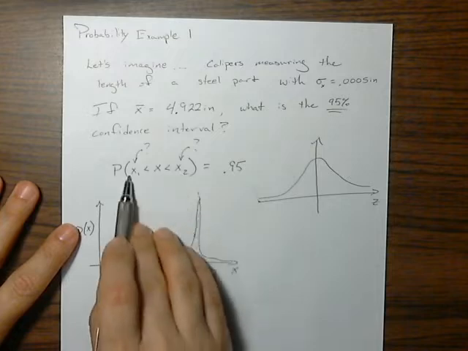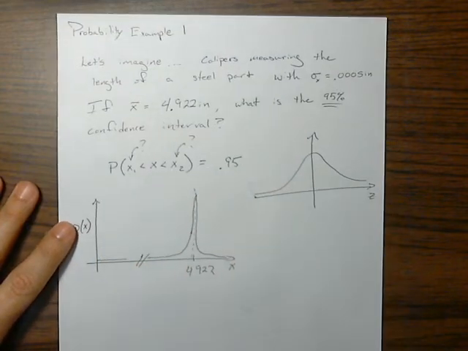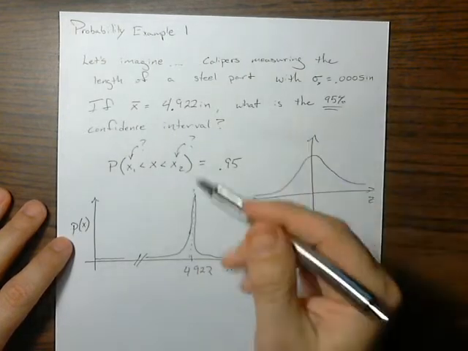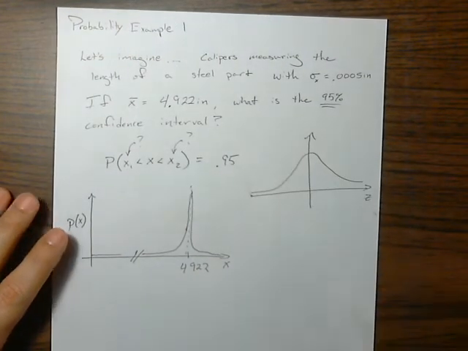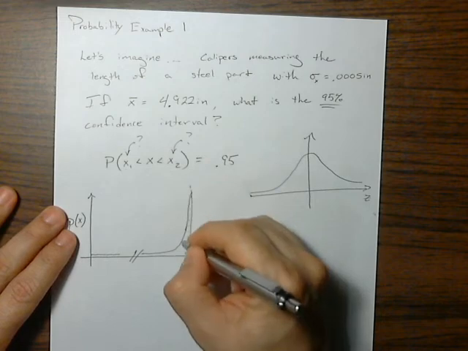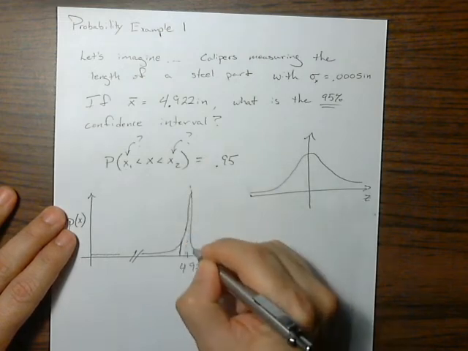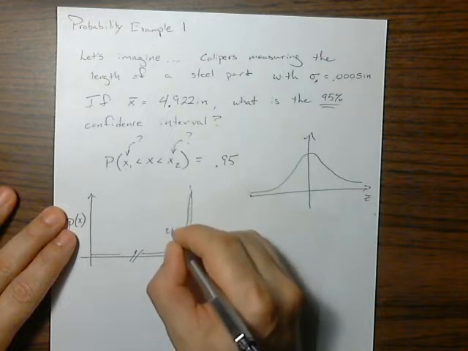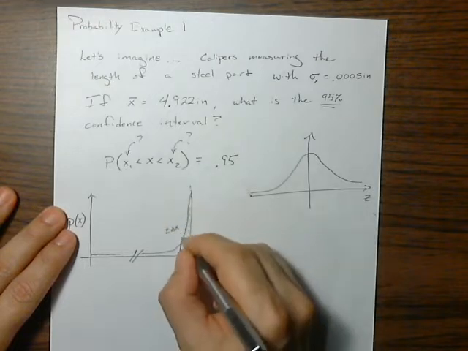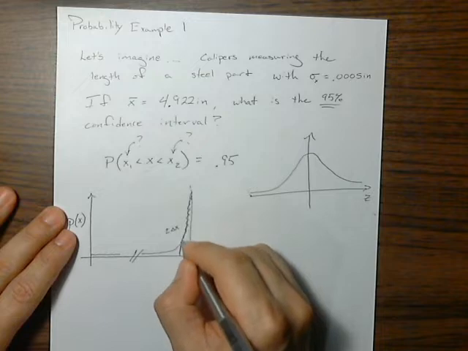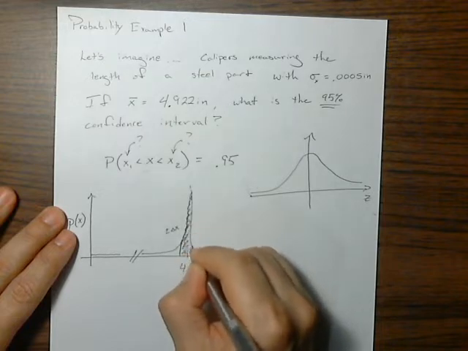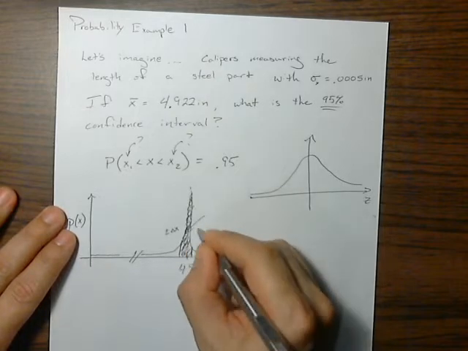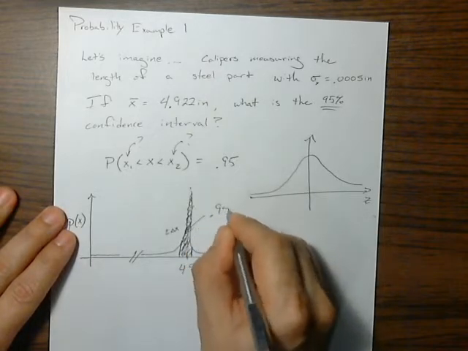That is a range in which I am 95% confident that the real value lies. So what we will do then is establish a range of plus or minus some delta X. And there, the area under that curve needs to be 0.95.